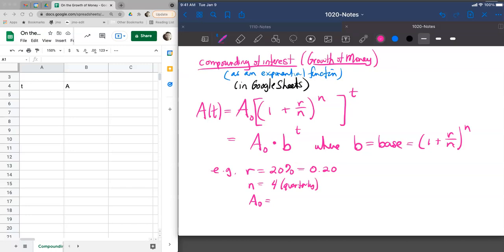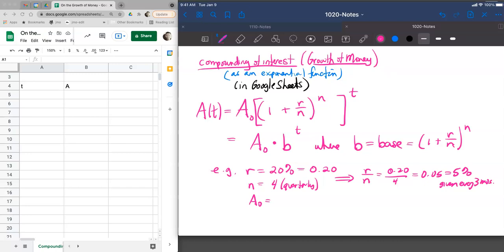And so then we can use this r and this n value to compute 0.2 divided by 4, which is 0.05, otherwise known as 5% interest. This is the 5% interest that's given every 3 months, or 4 times a year.